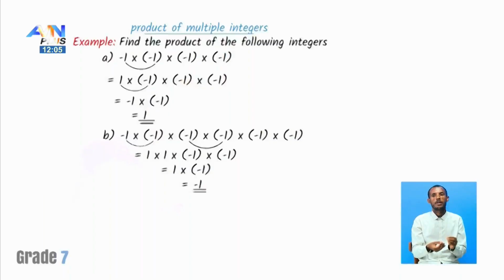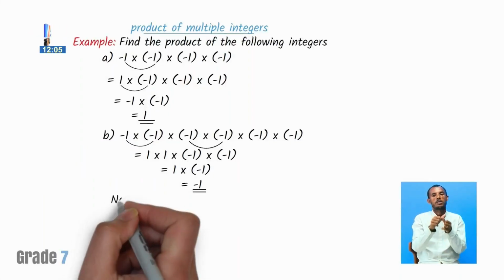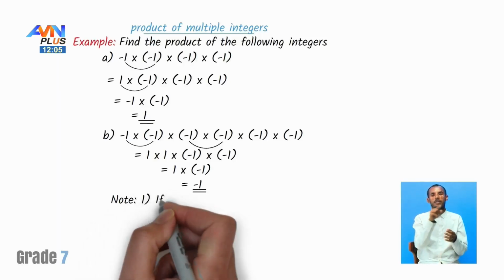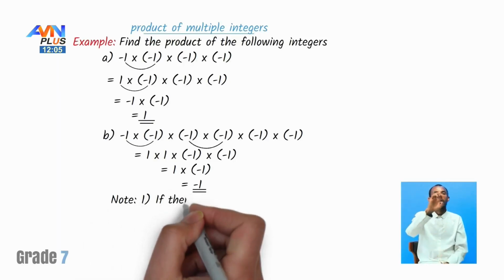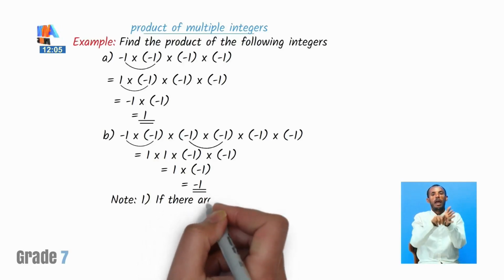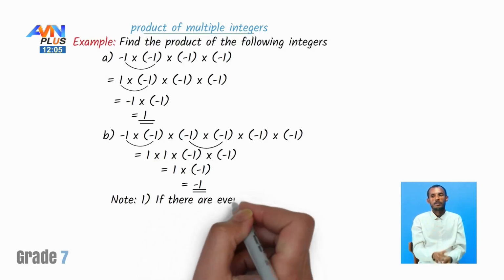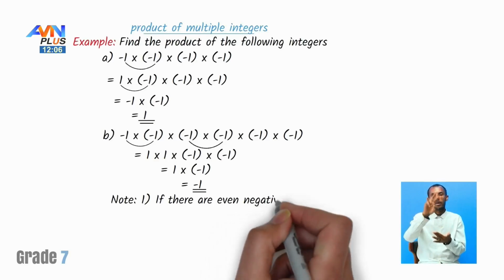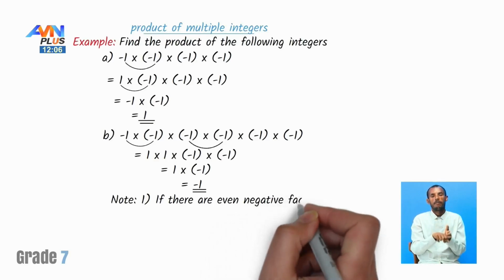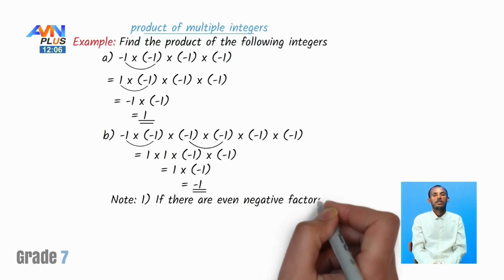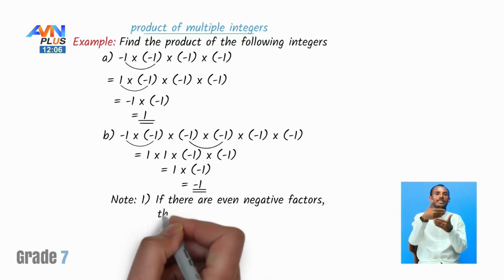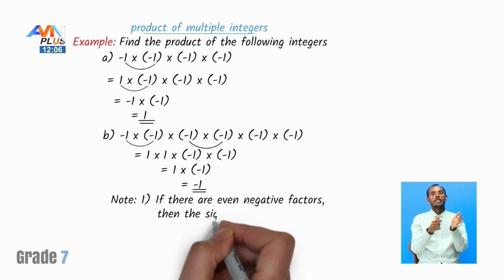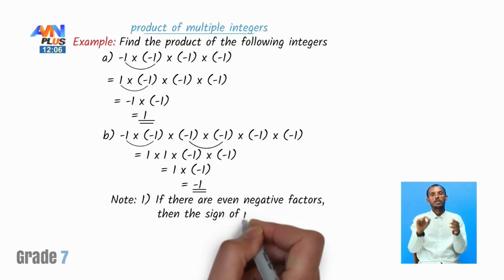Therefore, note that if there are an even number of negative factors, then the sign of the product is positive.